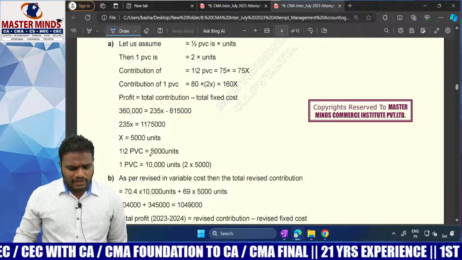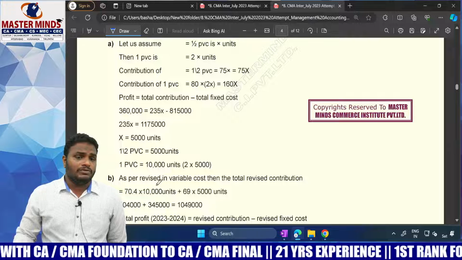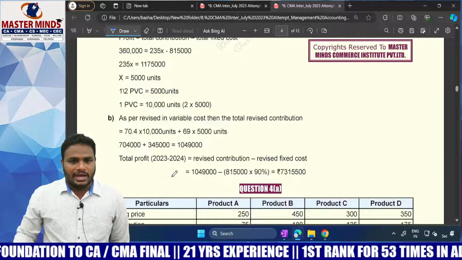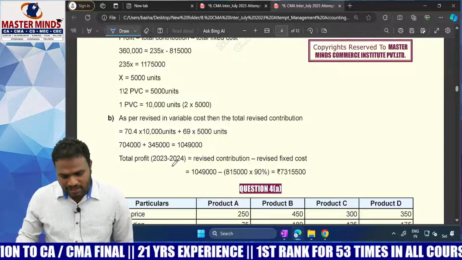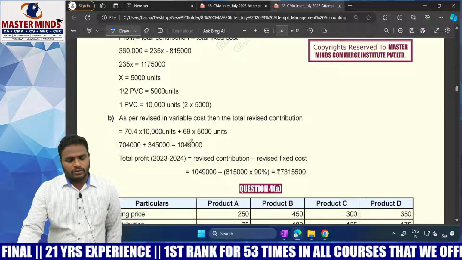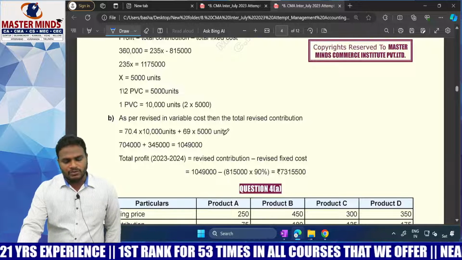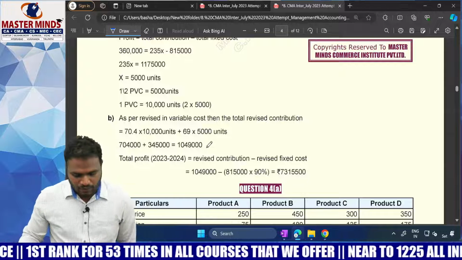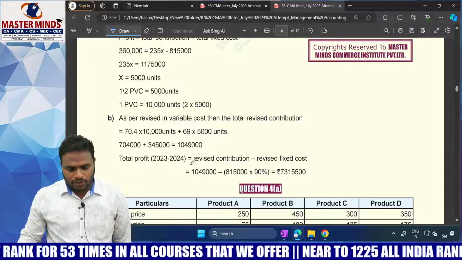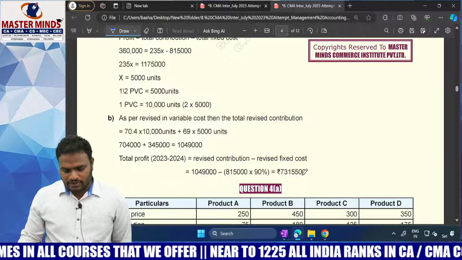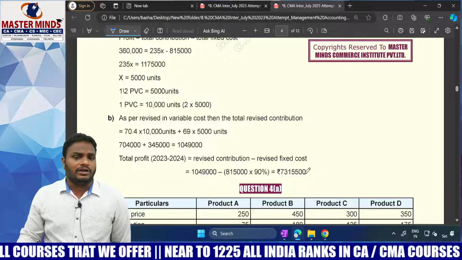Total X is 5000 units. Then what about 1 inch PVC? Double, right? 10,000 units. As per revised variable cost, the total revised contribution is 70.14 into 10,000 plus 69 into 5,000. Now the total is 10,49,000. Then the total profit in 23-24 is 73,15,500.